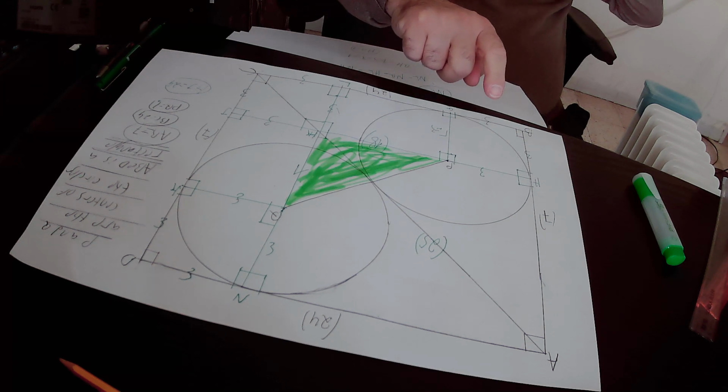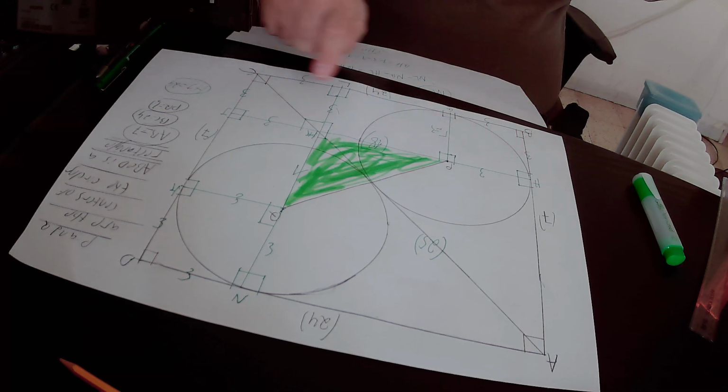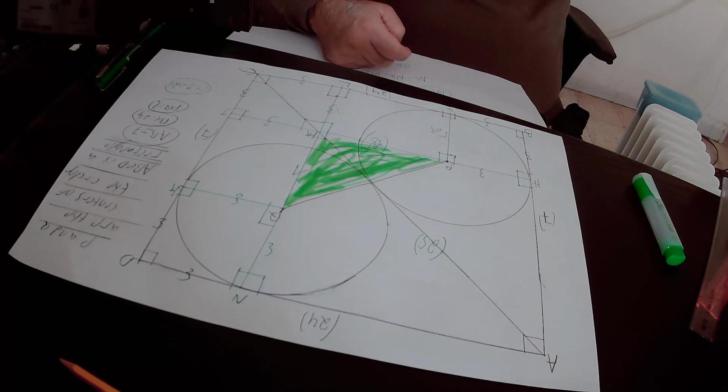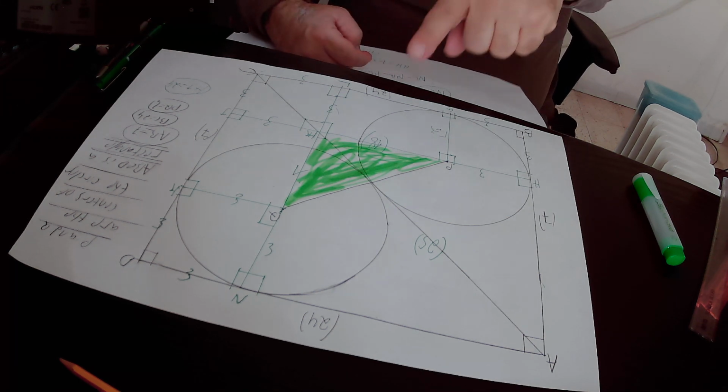Likewise, this is a straight line, this angle equals 90 degrees, therefore the missing angle here must be equal to 90 degrees. The same thing is true here.